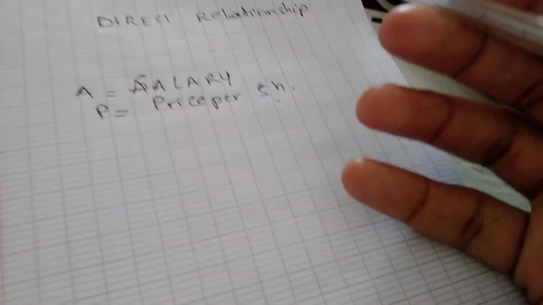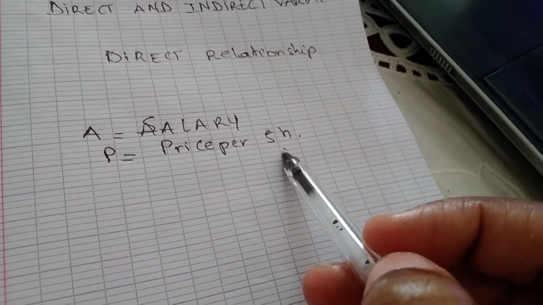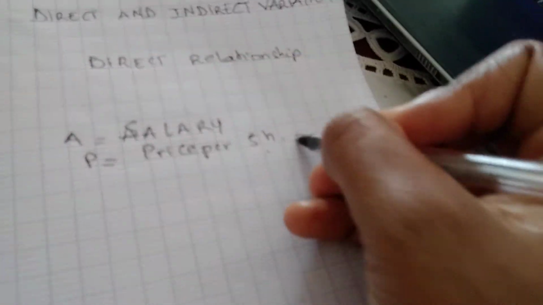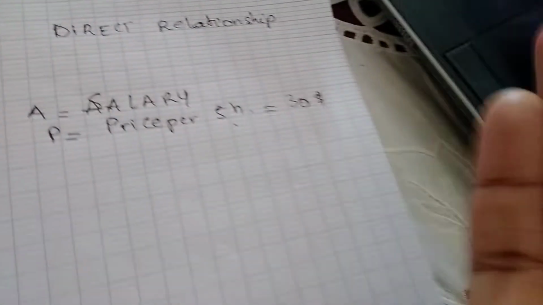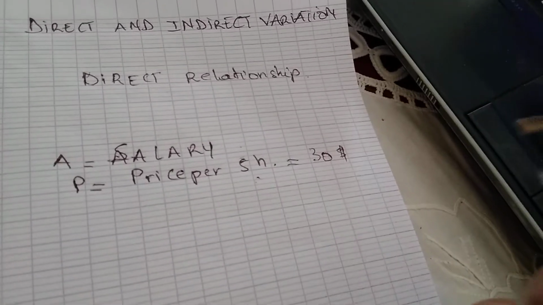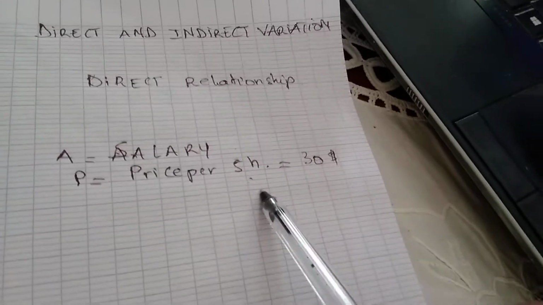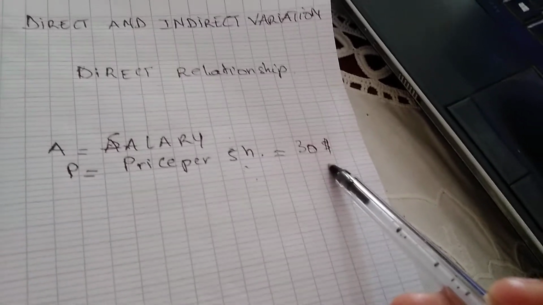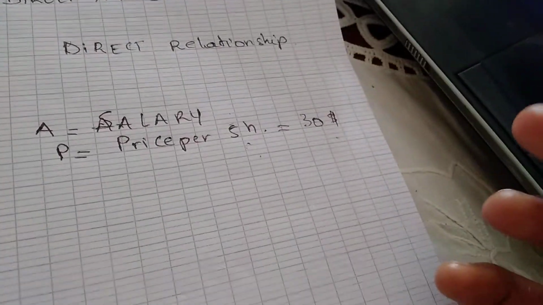For example, you are paid $30 for every 5 hours. Someone can ask, when you work 15 hours, how much will you be paid? If you work 5 hours, $30 were paid, so for 15 hours you expect more. This is what we call direct variation.